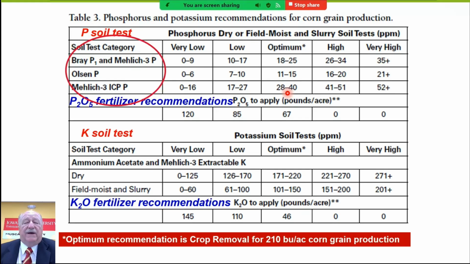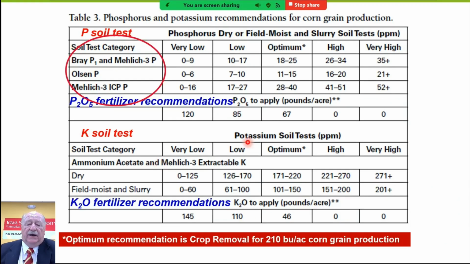So which test is best? They're all excellent tests. They just throw out different numbers. So it's important to be sure that you know what was used by the laboratory so you know what row to look at in determining what your soil test category is.